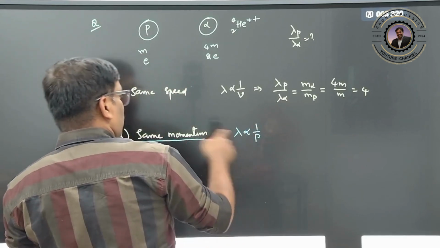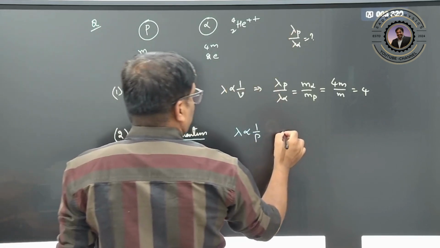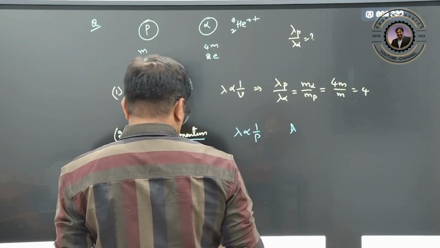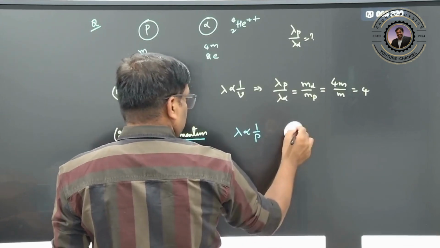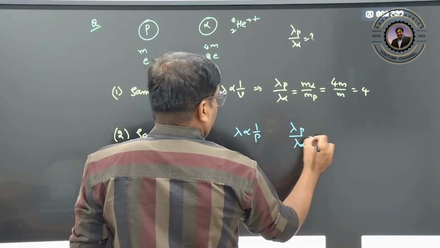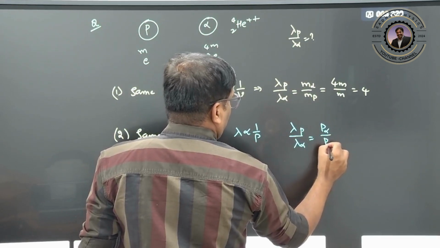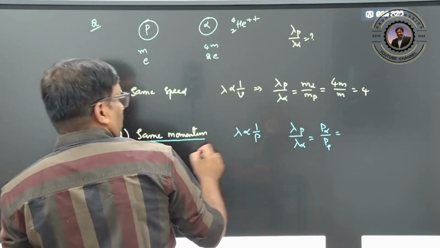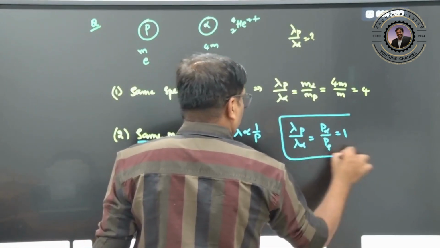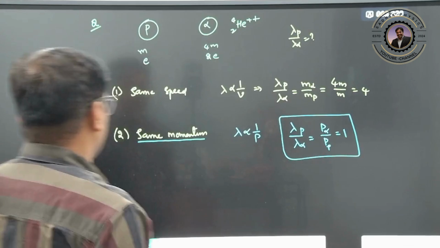The momentum of alpha and the momentum of proton are both the same. So for proton by alpha, the momentum of alpha by the momentum of proton, with the same momentum, will be equal to 1. Clear? Very important concept.